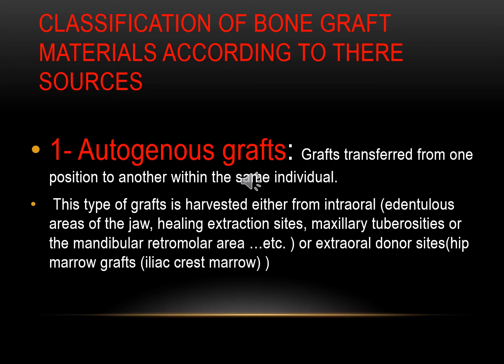If you have a defect in the bone of your maxilla, we can take bone graft from the mandible to augment this defect in the maxilla, or we can take a graft from your bone in the hand or in the rib or in the iliac, etc., to treat this bone defect.